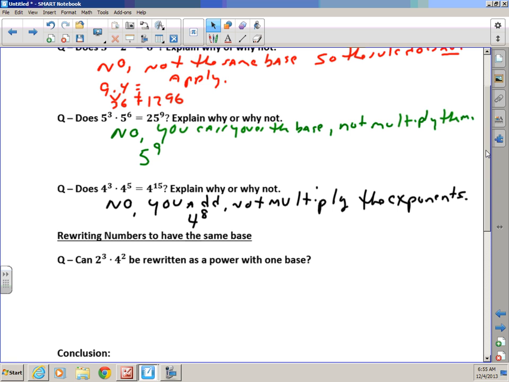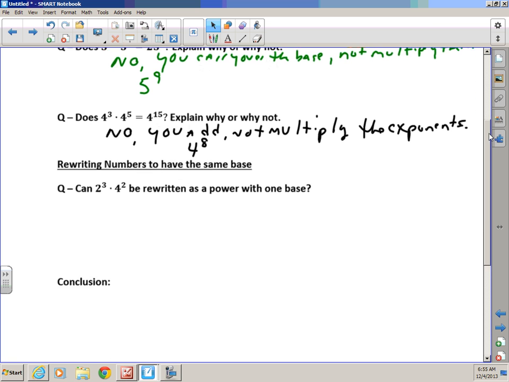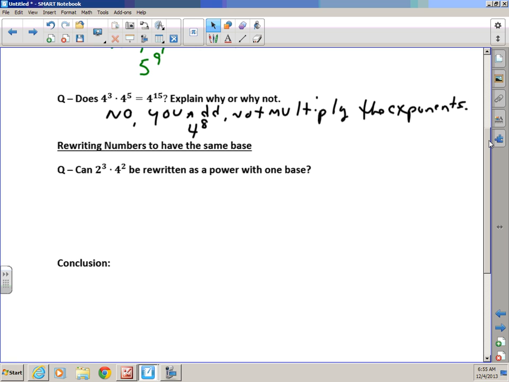Now, sometimes you can rewrite the product of two numbers that are in exponential form as a power with one base, depending upon the circumstances. So on the face of it, 2 to the 3rd power times 4 squared, there's nothing that can be done with that as it's written.